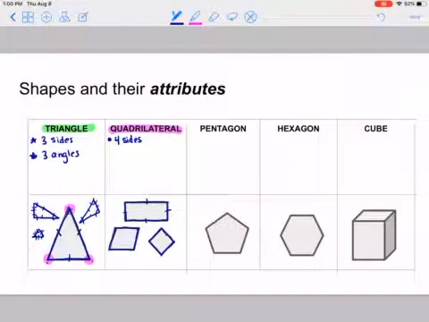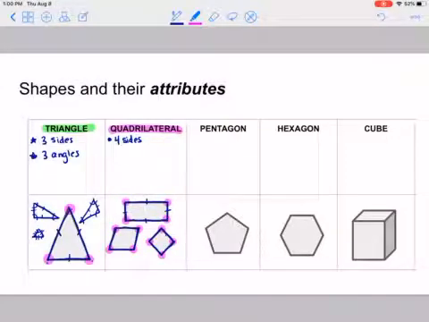Okay, so let's think about angles. I'm going to get my pink highlighter out again. Let's see, how many angles are there? Where two lines meet, kind of in the corners. 1, 2, 3, 4. There's 4 angles there. And 4 angles in each of the others.